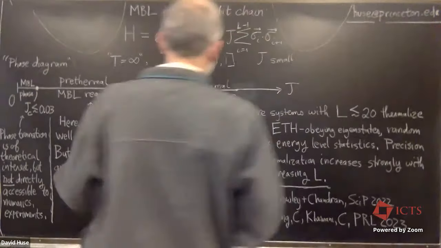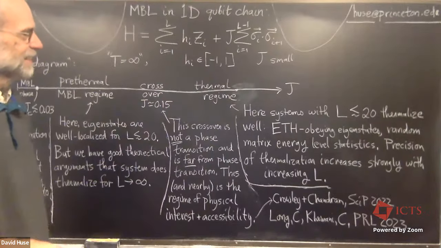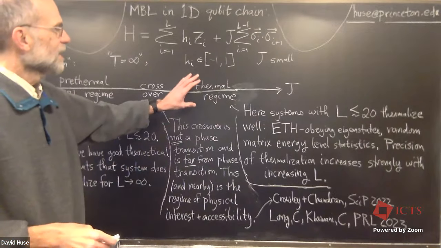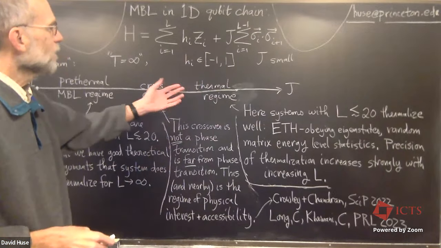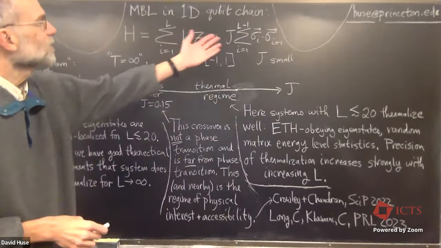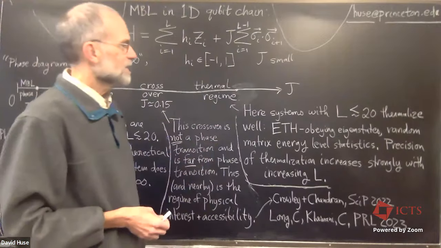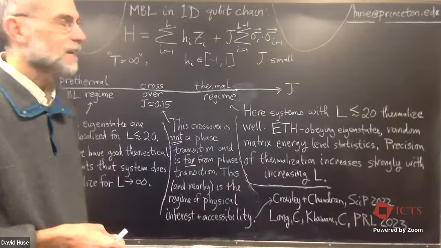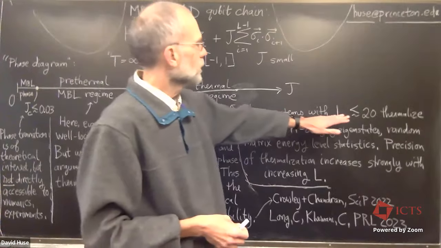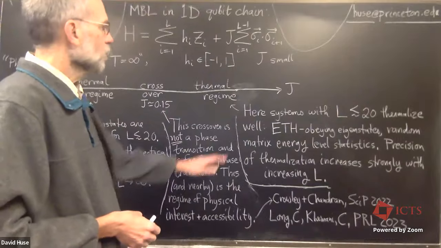So let's start in the thermal regime, the part of this that's best established, shall we say. Here we have strong enough couplings between the spins along the chain such that the system thermalizes well, even for the size systems that can be exactly diagonalized. So in the thermal regime, systems with length L less than or of order around 20 thermalize well.